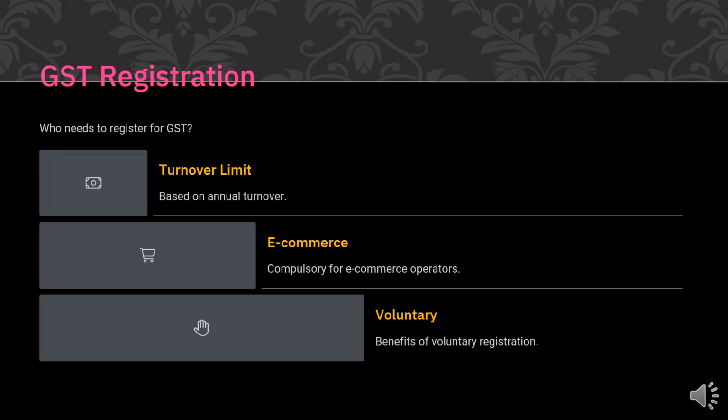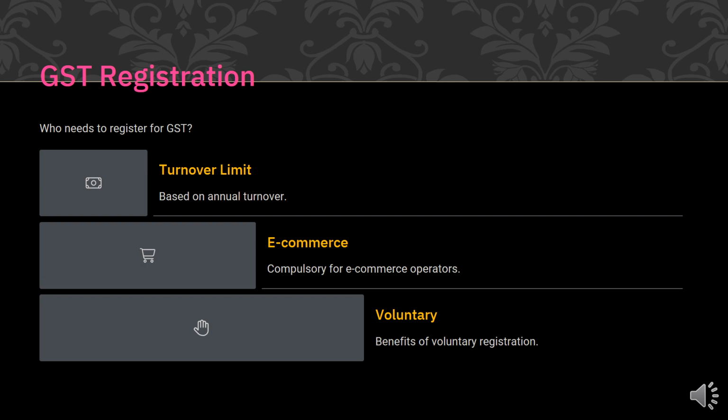GST registration. Who needs to register for GST? Here we will see three different categories. Turnover limit based on annual turnover. Registration under GST is mandatory for all businesses whose annual turnover exceeds 40 lakhs in a financial year.